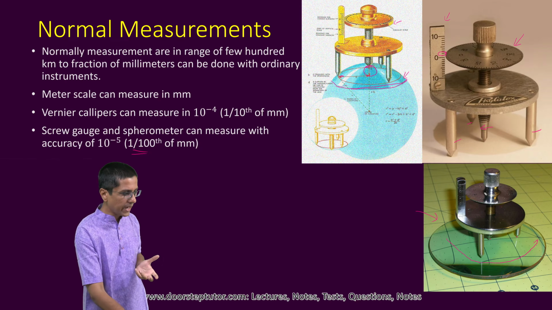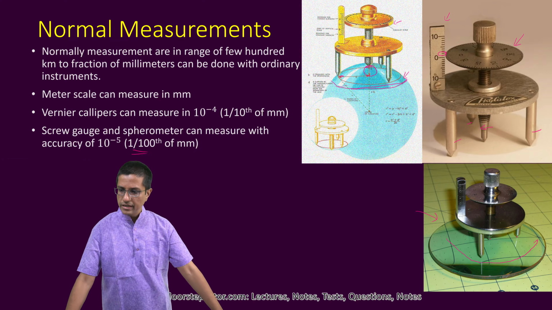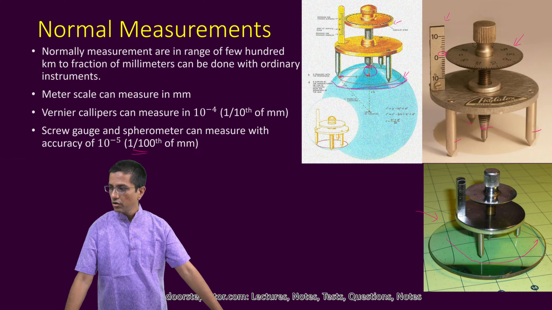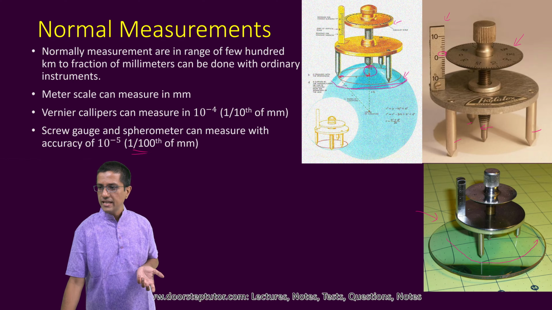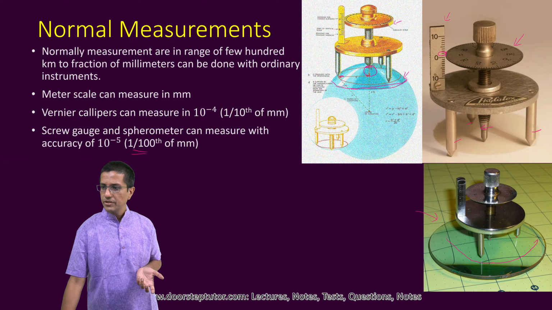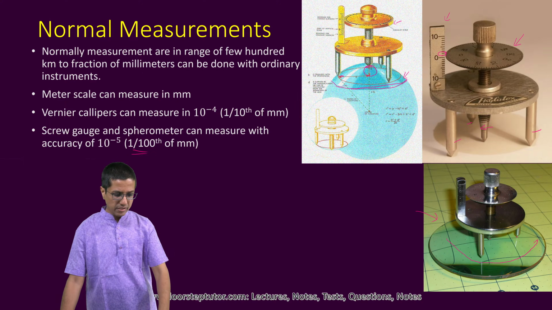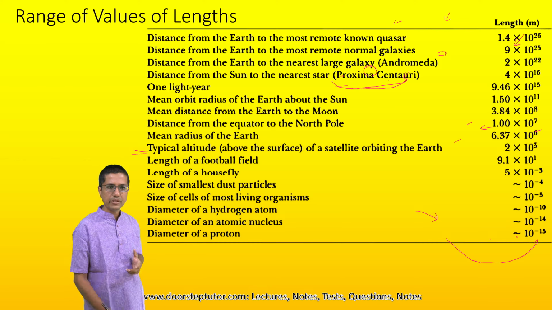Let us now look at some of the lengths which we encounter in physics. In physics we encounter lengths which are very large, and we also encounter lengths which are very small. So let us take some examples of very large lengths.